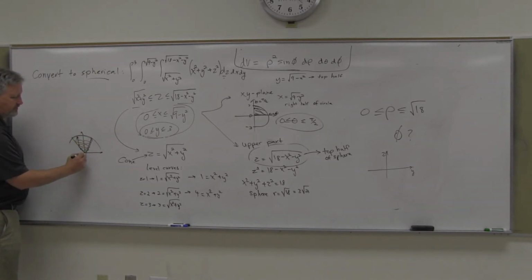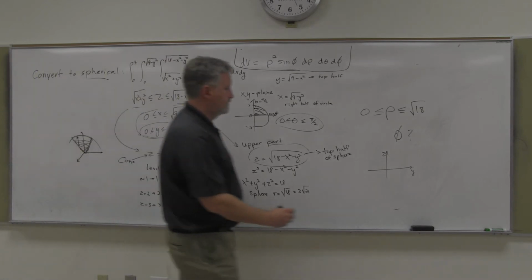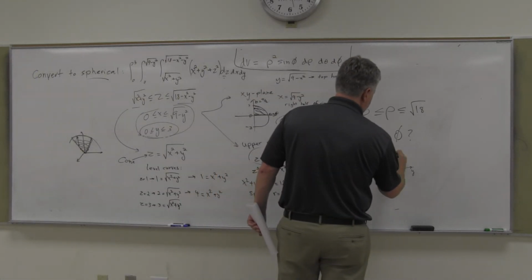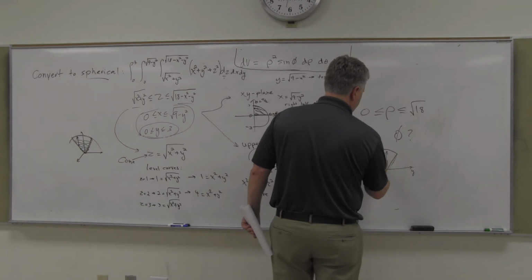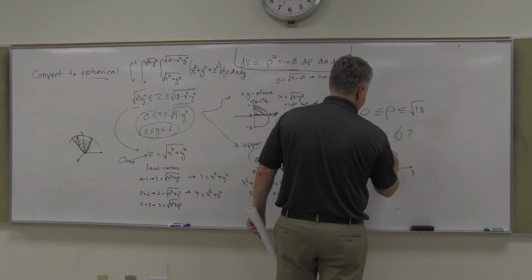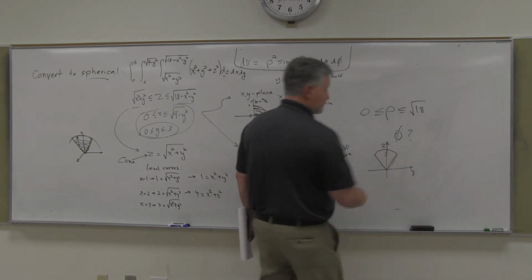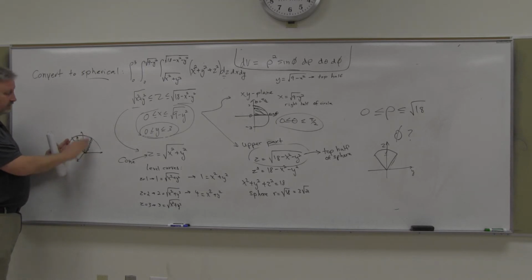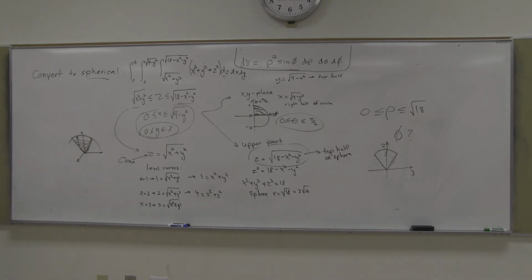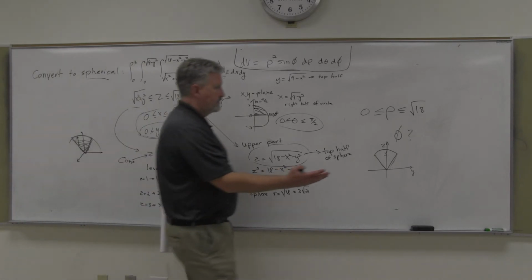This is what we're talking about in the YZ plane, like a piece of pie there. With me there? Because that cross section, if you will, cut in the YZ plane, you're just going to have that sphere and then your V shape there. Okay, so what is phi?